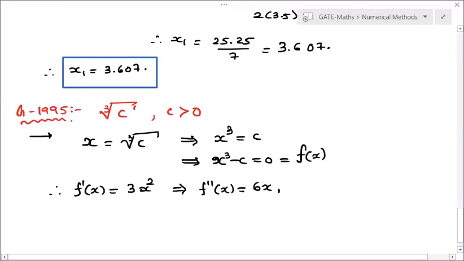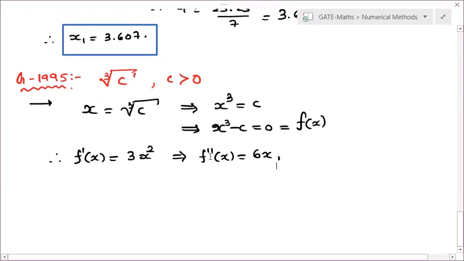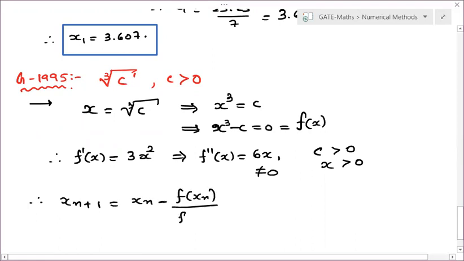And since c is greater than 0, its cube root cannot be equal to 0, because the cube root of c is equal to 0 only for 0. So since c is greater than 0, your x is also greater than 0, implies 6x is not equal to 0. So let us now apply the Newton-Raphson formula. x(n+1) equal to xn minus f of xn divided by f dash xn.